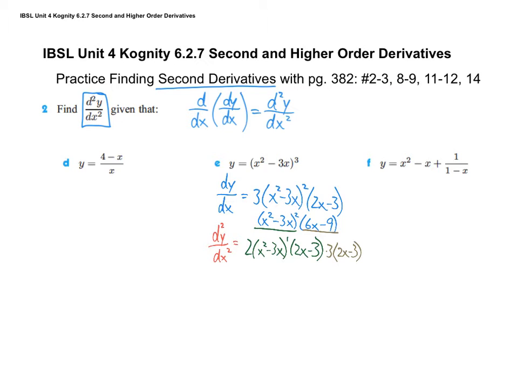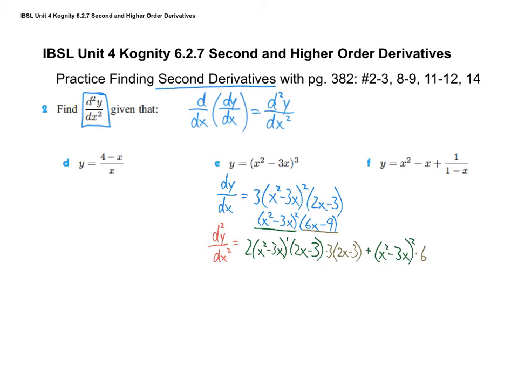And I probably wouldn't see that if I had used the distributed form. Okay? So there's my u prime v. Then I need to do a plus u, so x squared minus 3x squared times v prime. Well, v prime is just 6.